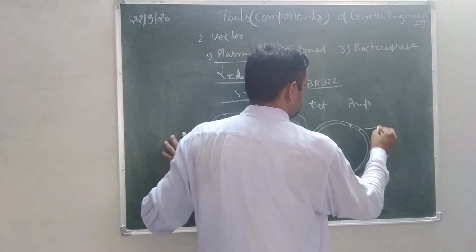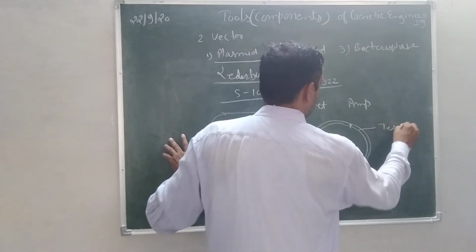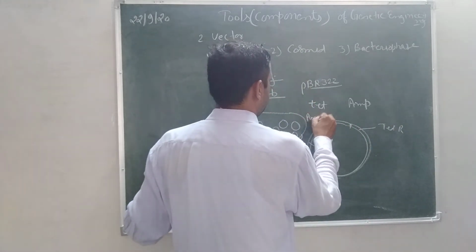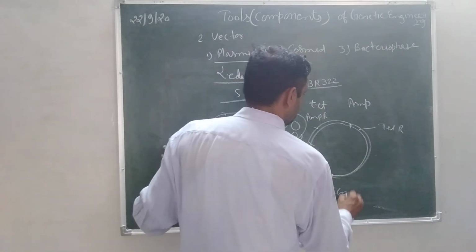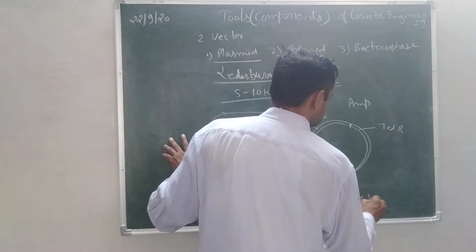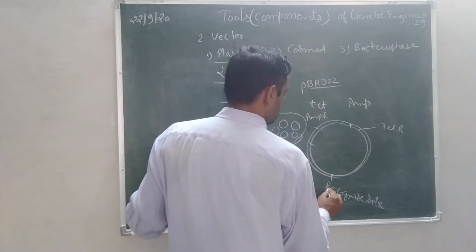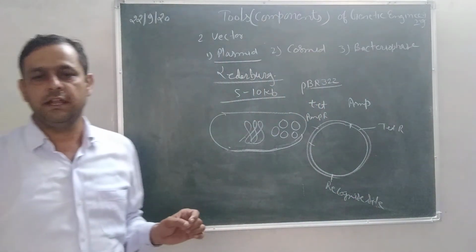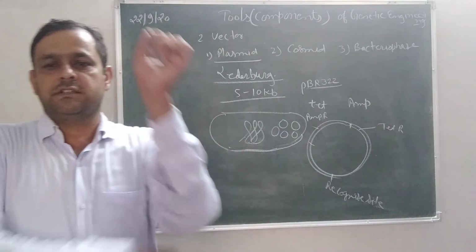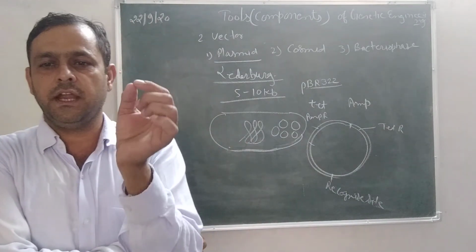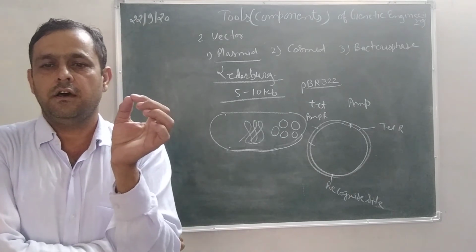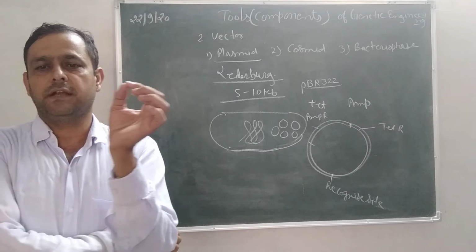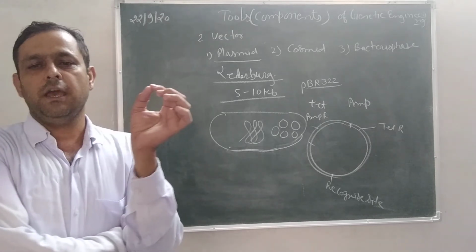This is TETR and this is AMPR and this is the recognition site or duplication site. The structure which replicates independently is called plasmid, while the structure that replicates along with the bacterial chromosome is called episome.